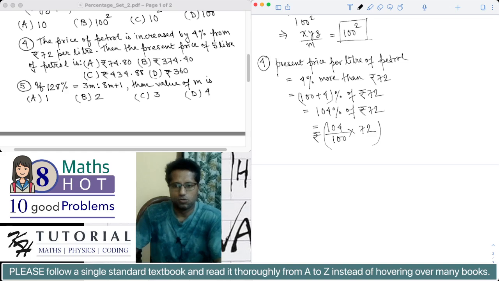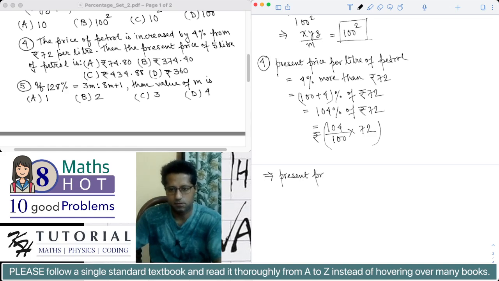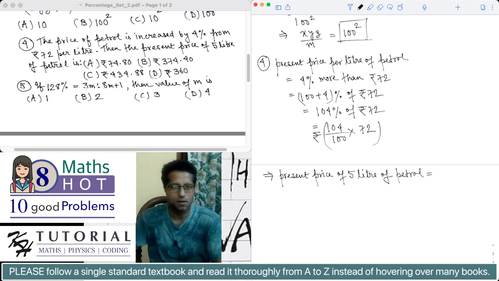Okay, so it is asking the present price of 5 liter of petrol. So the present price of 5 liter of petrol will be the present price per liter multiplied by 5.